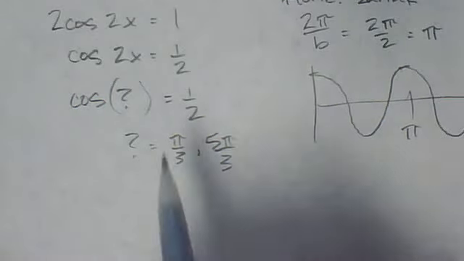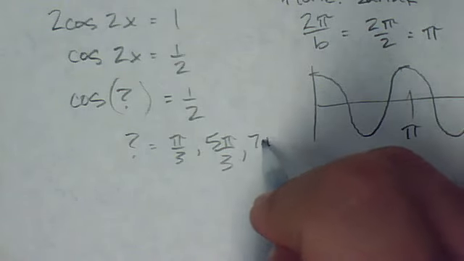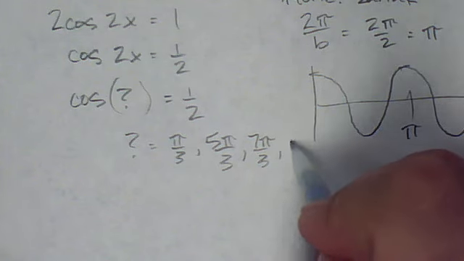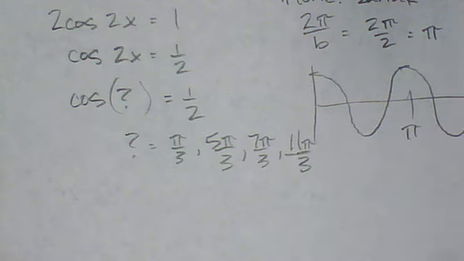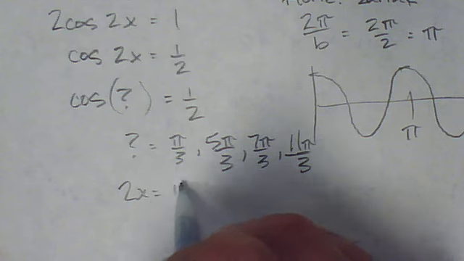So right here, I've got pi over 3, 5 pi over 3. I'm going to keep going one more revolution. So 7 pi over 3 and 11 pi over 3. So 2x equals all that.